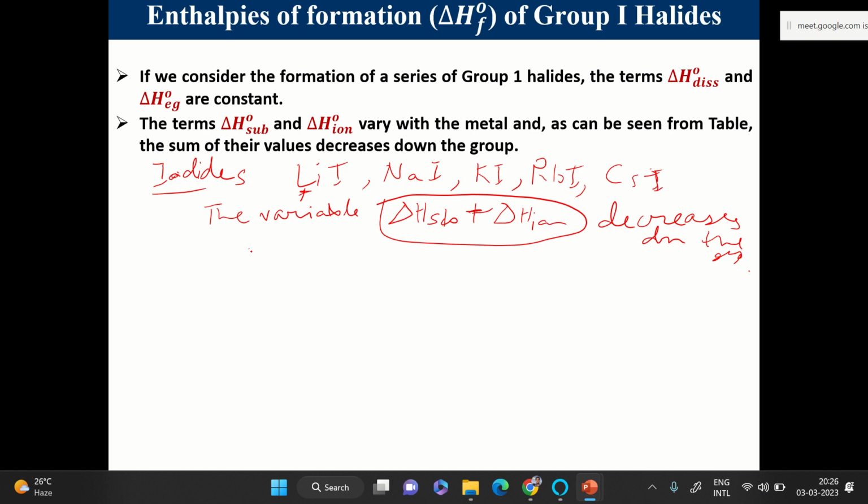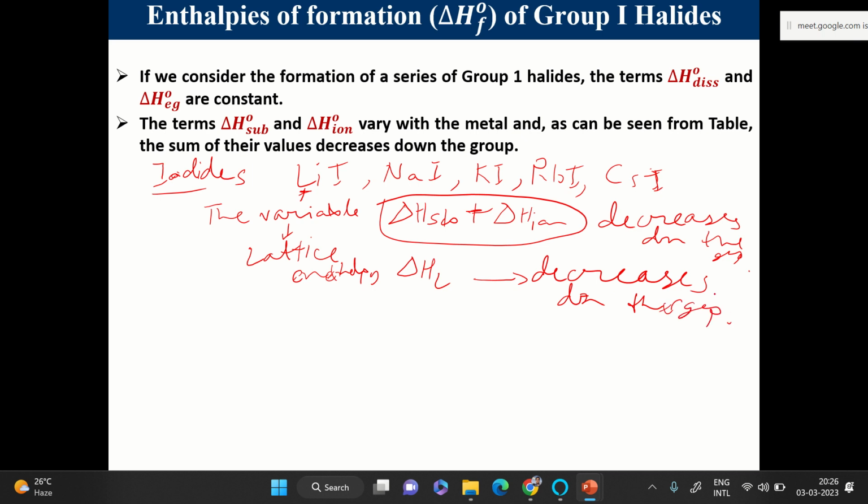The other variable is the lattice energy, delta H lattice, which also decreases down the group because the size of the cation is increasing.